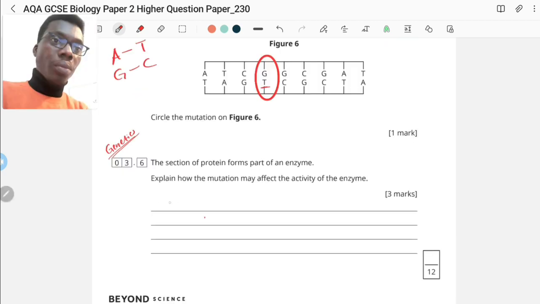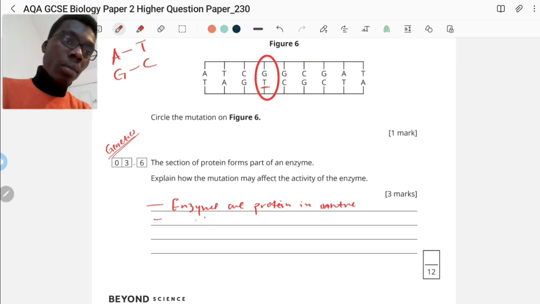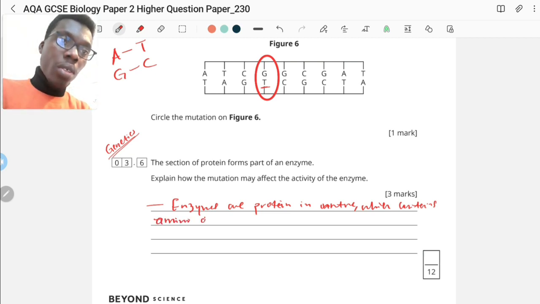Okay. So enzymes are protein in nature. All right. So which contains amino acids. Okay.